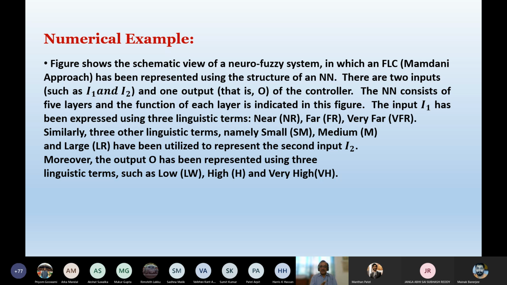Now, just to model that experience I gained, I designed a numerical example so that I can explain it to my students. The same numerical example I'm going to discuss here. Most probably it is the same example I have taken in my own textbook on soft computing.